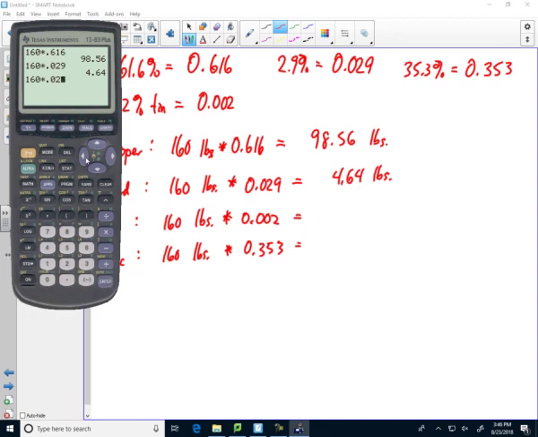Second entry, 0.002. Tin is 0.32 pounds, what y'all got? And finally, zinc, 0.353, 56.48.